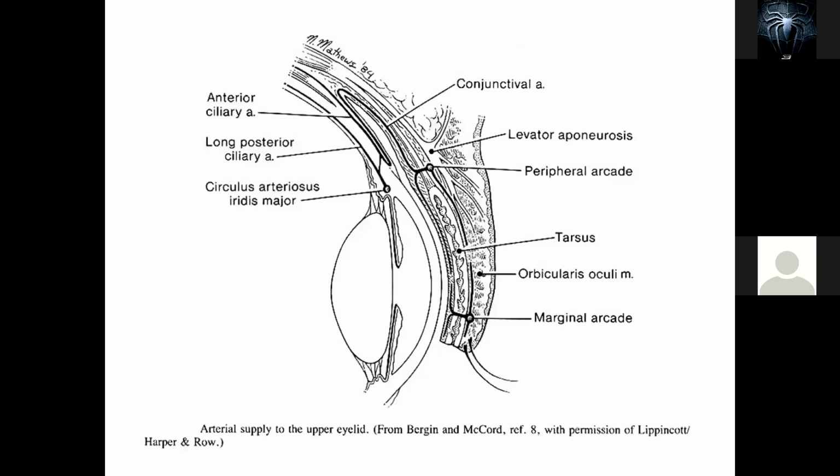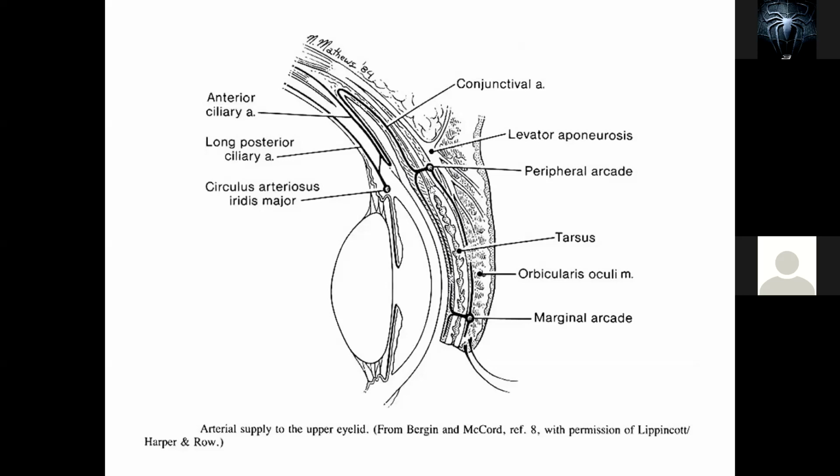All right. So there's a little diagram to illustrate what we've just talked about concerning the eyelid. We have an anterior lamella, and then we have a posterior lamella, and this is the eyeball itself, the cornea to be exact.